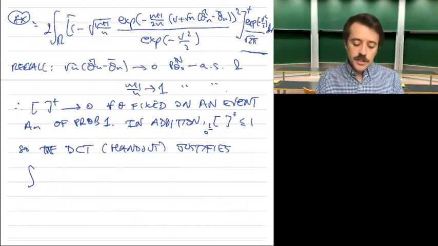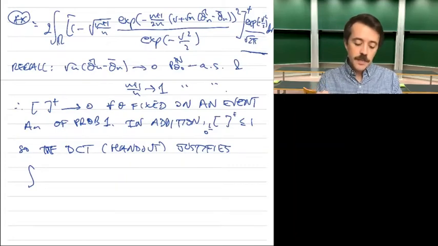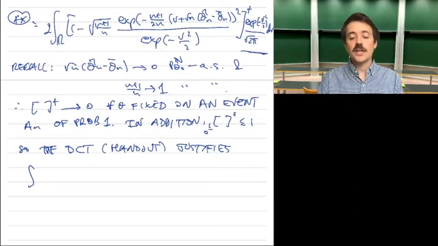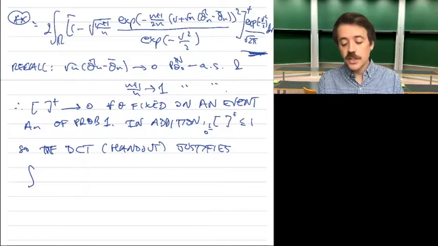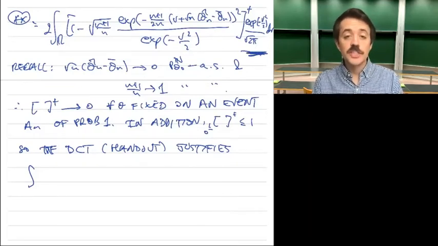Now, it is true that the positive part tends to 0 for every theta, and it's also true that this positive part is uniformly bounded over the thetas, and so we can basically use the dominated convergence theorem, but the integrator here will depend on n, so we also need to take care of that.